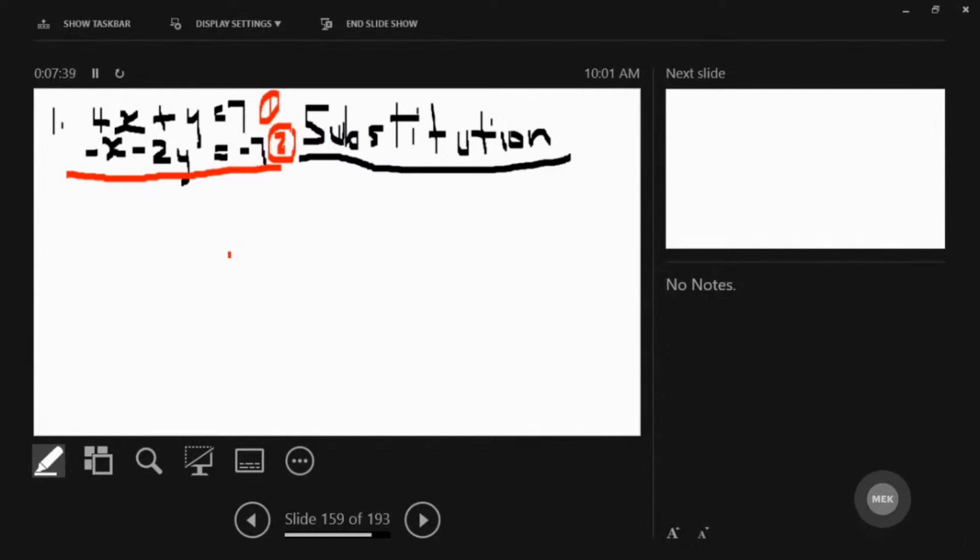For substitution, I recommend that you use the substitution method when you can identify that at least one of the equations has a variable with a coefficient of 1 or -1. So what that means is choose the equation that has a variable by itself. It doesn't look like it has anything in front, which we know that if you see y, it really means 1y.